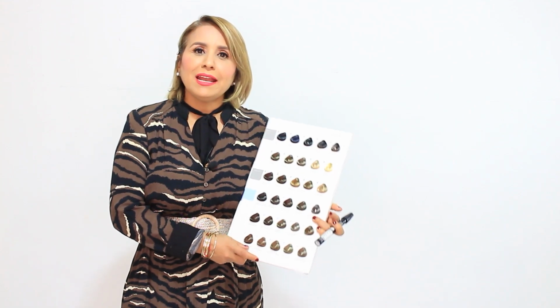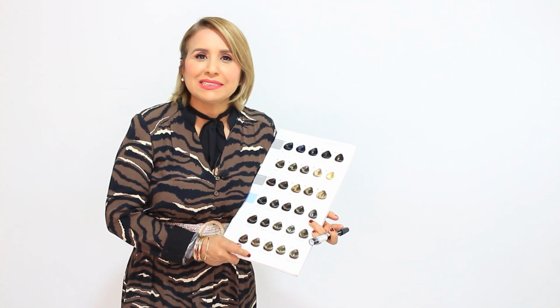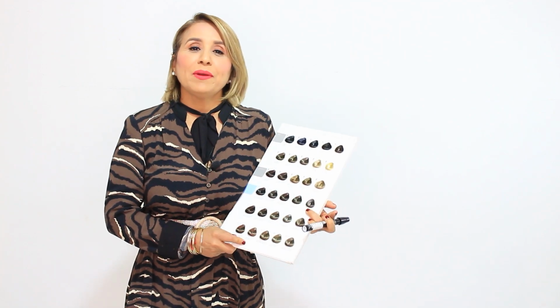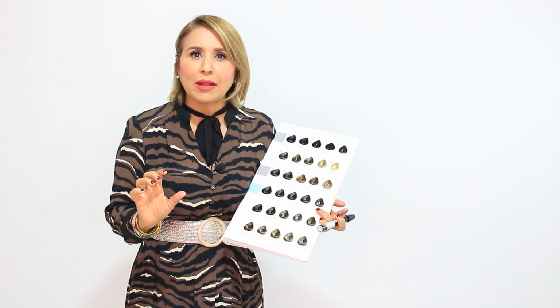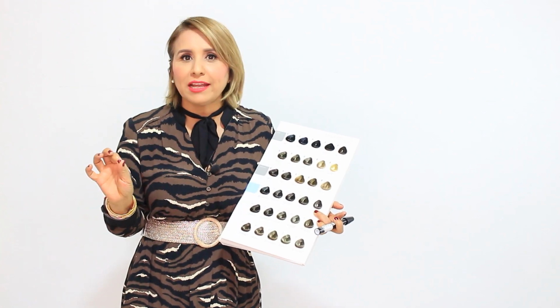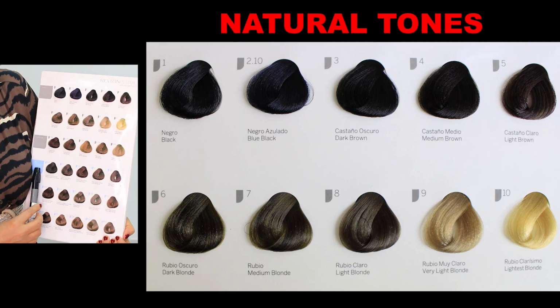We are going to start identifying the colors in the range. I mentioned that all companies have their natural tones. Those tones that don't have reflections, I'll show them to you. Let's begin.